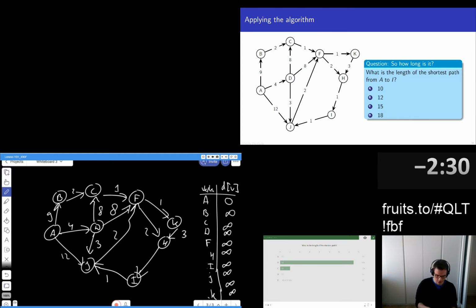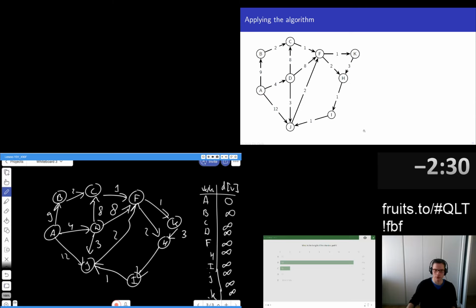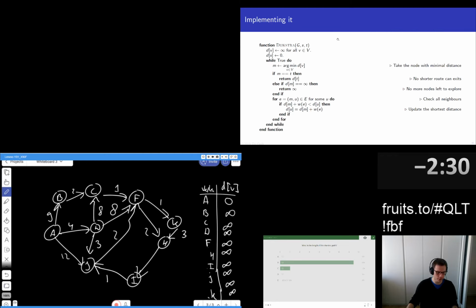Let's figure this out. So first things first, we take a look at all of the outgoing edges of A. Let me actually move this back to the code. That might help you in seeing exactly what I'm doing. So we first take a look at all of the outgoing edges of A. Well, that means we update several of these.